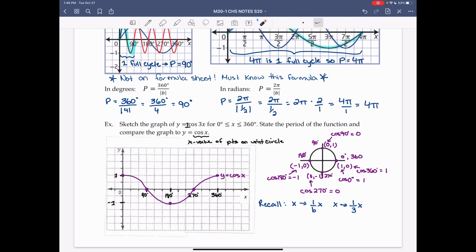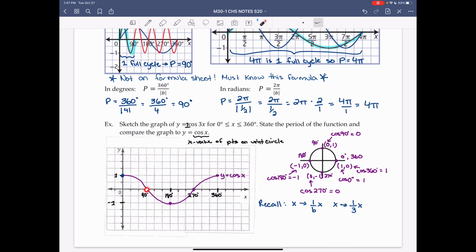The first point we have, x is 0, y is 1. If we multiply x equals 0 by 1/3, it's still 0. So we still have that same point at (0, 1). Next point we plotted was at 90 degrees and the y value is 0.